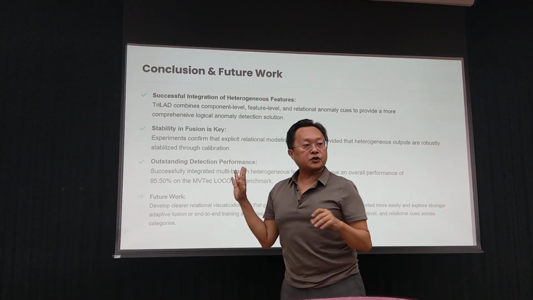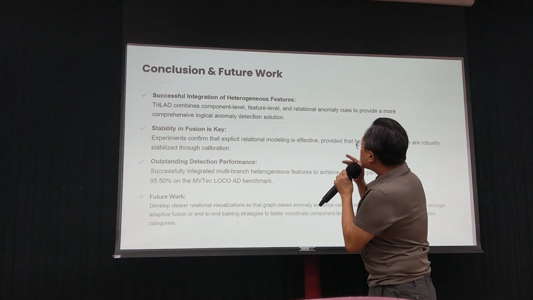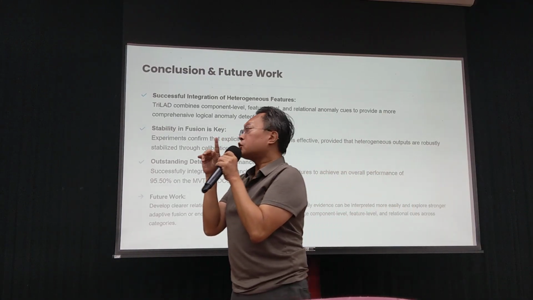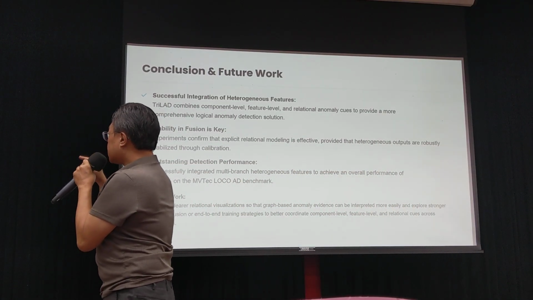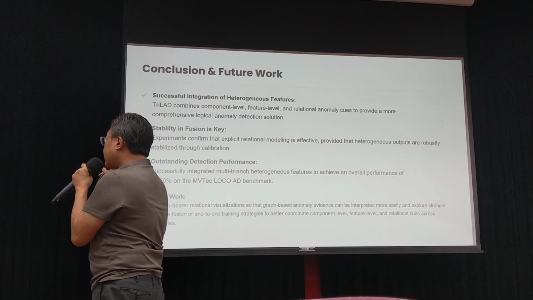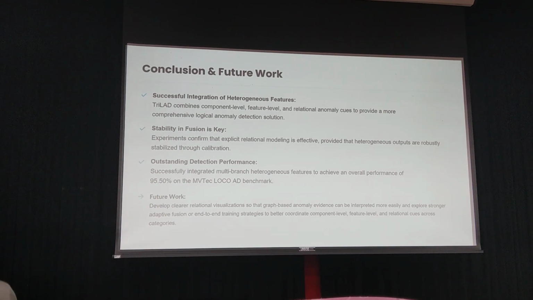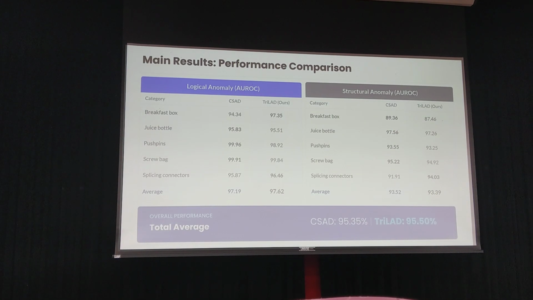I have a question. In your experiment results, the logical anomaly is better than the structural anomaly, right? We can see the comparison. And you have an average performance of about 95.5.